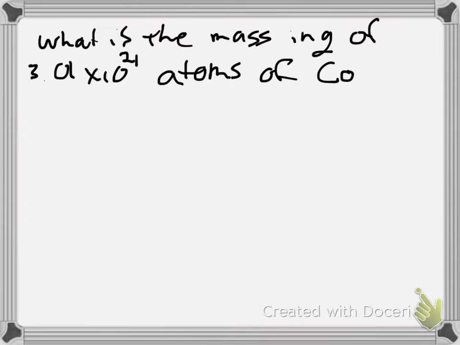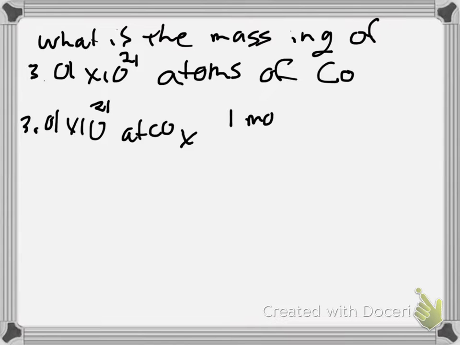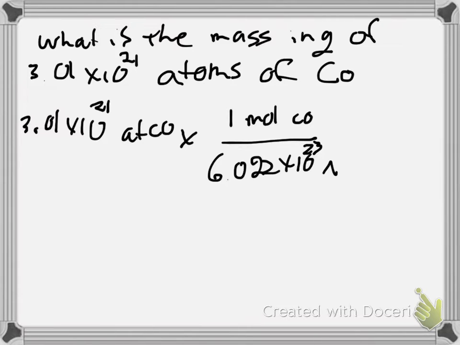So what that process looks like is we start with the 3.01 times 10 to the 21st atoms of cobalt, and then we're going to multiply that. We know that 1 mole of cobalt is always going to have 6.022 times 10 to the 23rd atoms of cobalt.